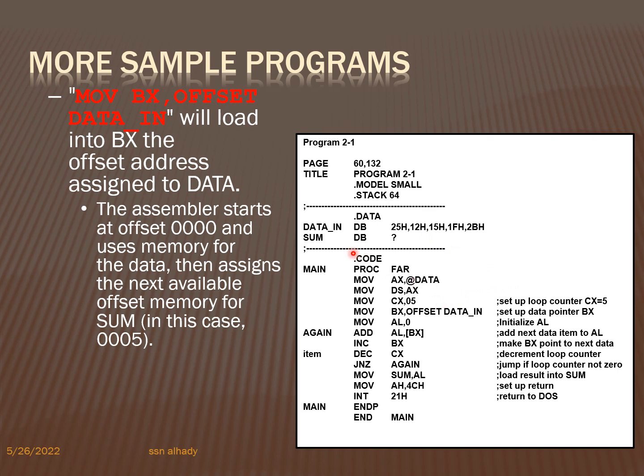Offset of data in, where the assembler starts at offset 0000 and uses memory for the data, then assigns the next available offset memory for sum, in this case at 0005.